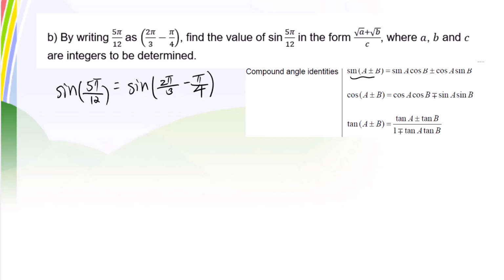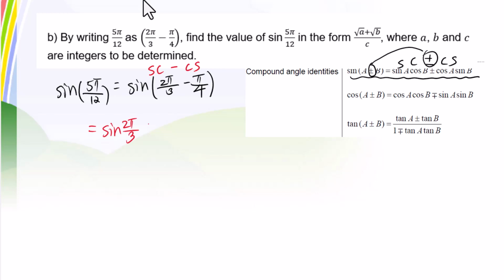We will use this formula, same sign. So we get SC minus CS, which equals sine 2 pi over 3 cosine pi over 4 minus cosine 2 pi over 3 sine pi over 4.